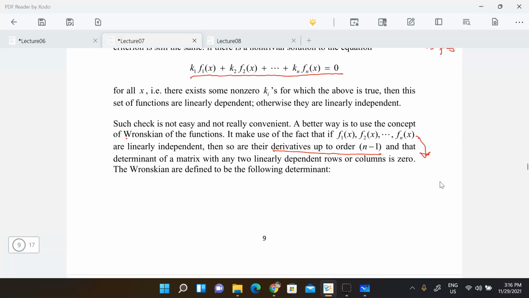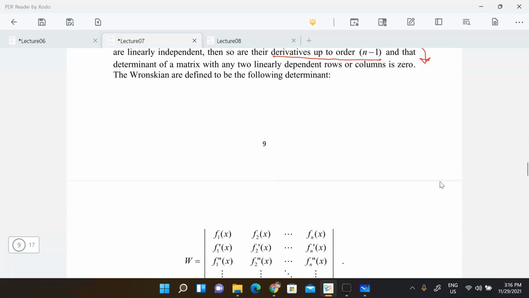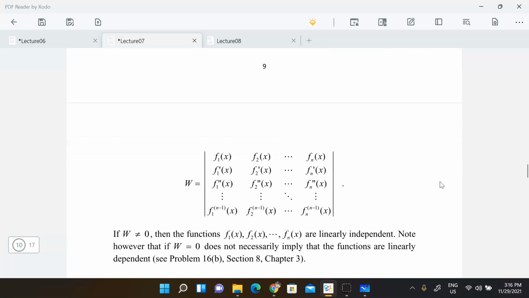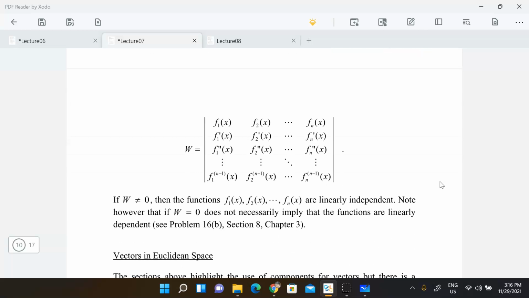Now, how do you do this? You use this Wronskian, which is really a determinant, the determinant of the set of functions together with the derivatives.